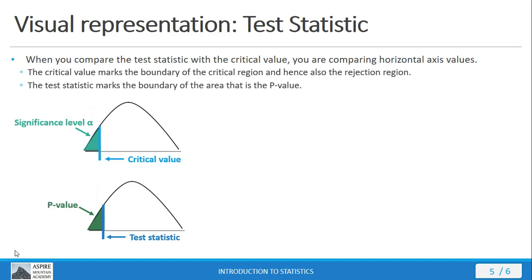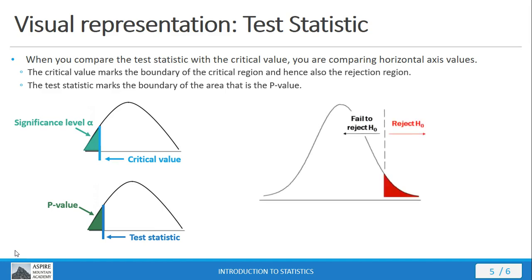So we take that critical value and compare it with the test statistic, and this is how it plays out. The critical value is going to provide the boundary for the region of rejection, because alpha is the area of that critical region, and that critical region is the region of rejection.